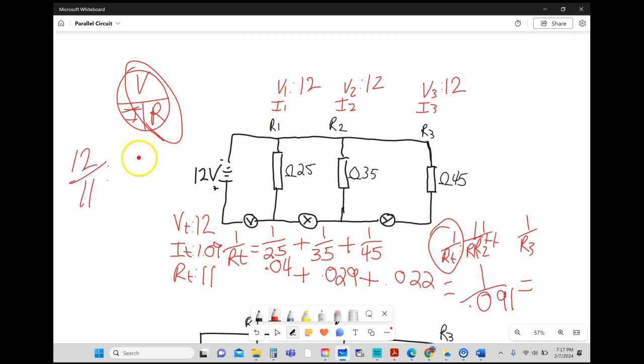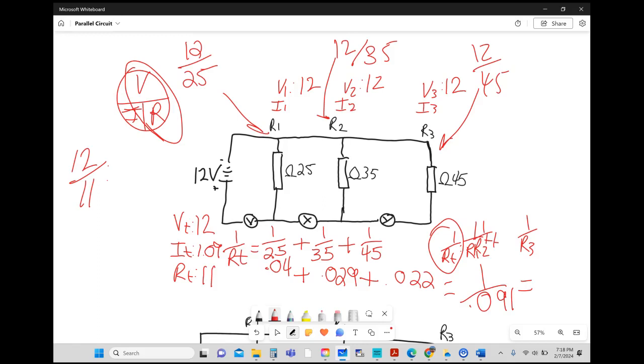So what we're going to do then is we know our voltage, we know our resistor, so we're just going to do that math, and that math is 12 divided by 25 for resistor 1 right there, 12 divided by 35 for resistor 2, and then 12 divided by 45 for resistor 3. Okay, so let's go ahead and do that.